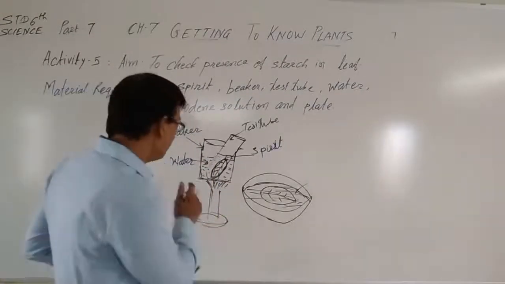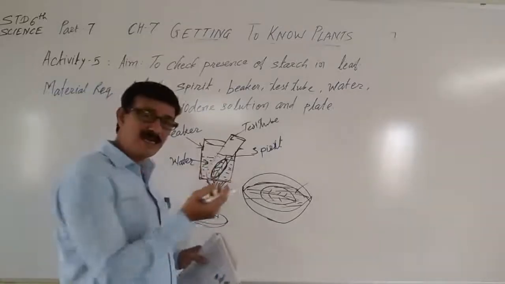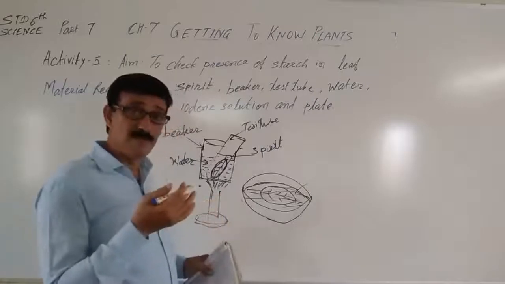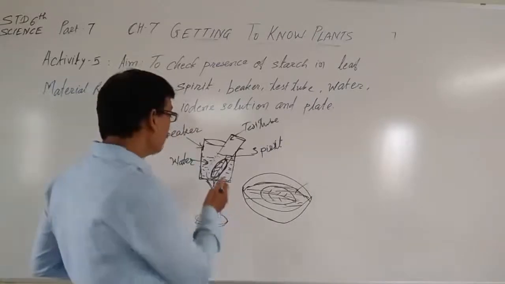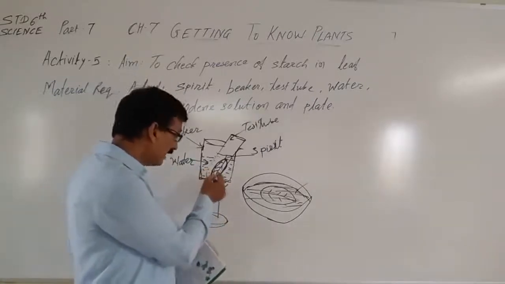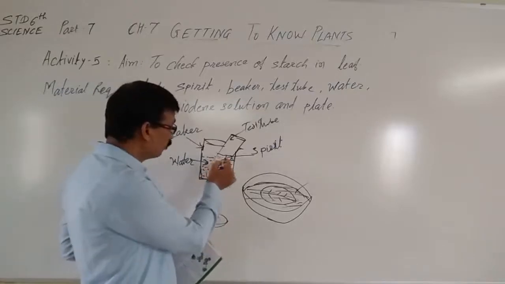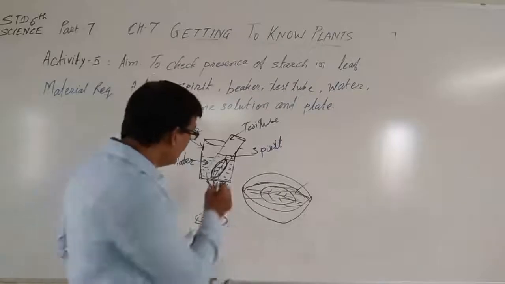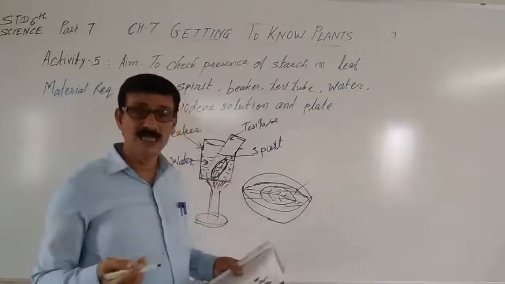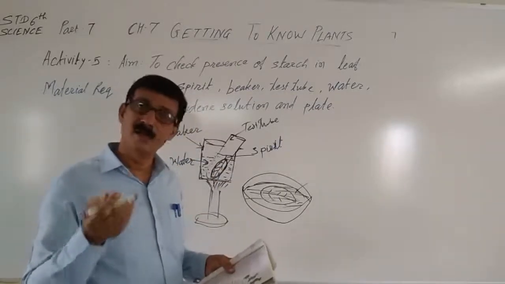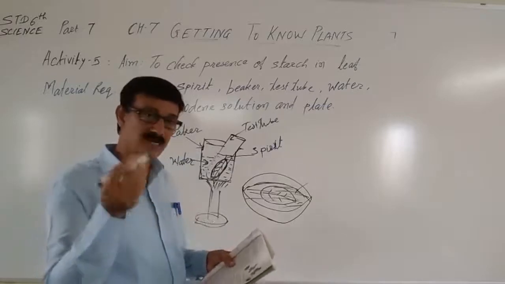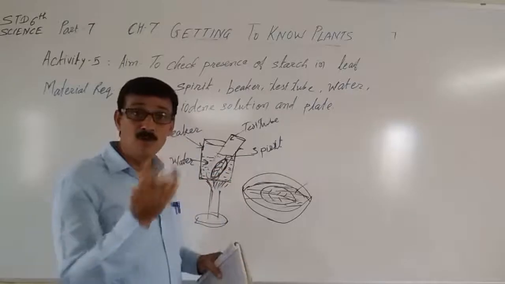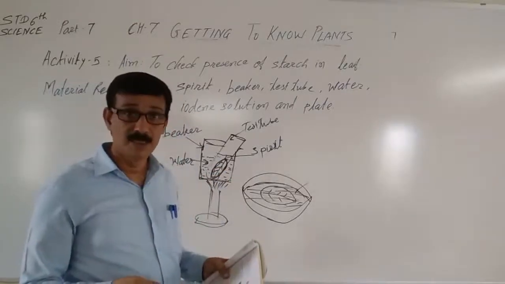When it heats the beaker, automatically the water will boil. The water will get heated, and that is why the spirit also will get heated. We know that leaves have green color, and that is why the green color will come out from the leaf. That will happen.